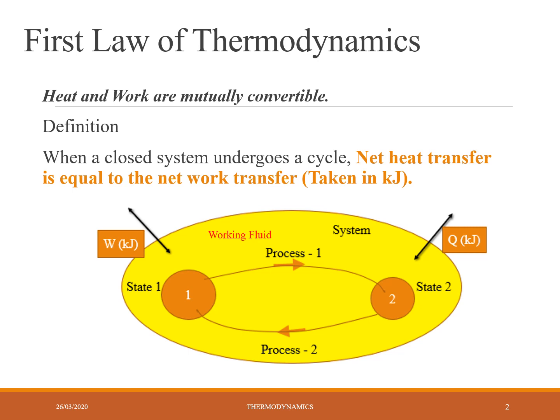So then what is the first law of thermodynamics? As a definition, when a closed system undergoes a cycle, net heat transfer is equal to the net work transfer. But heat and work are taken in kilojoule.